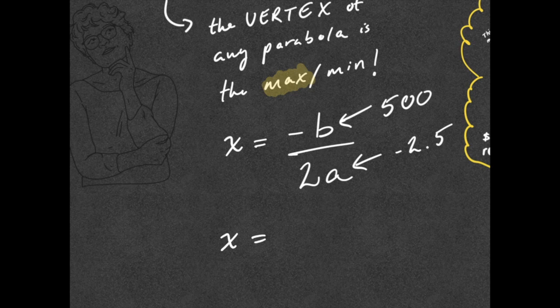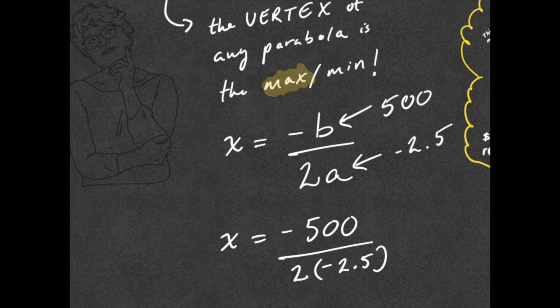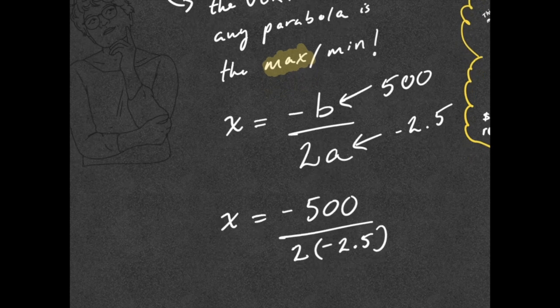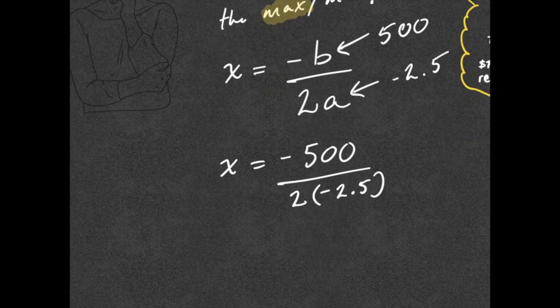So when I substitute in my values, I'll have negative 500 in the numerator, then I have 2 times negative 2.5 in the denominator. All right, so if we do some calculations, I'll have negative 500 divided by negative 5.